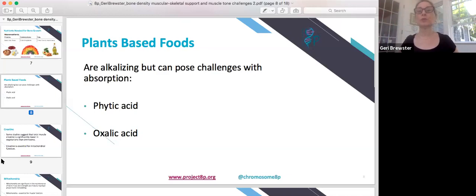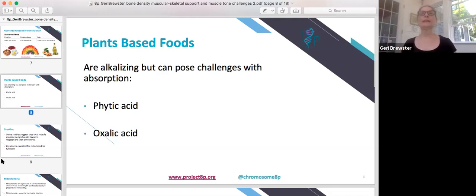So all those vegetables are more alkalizing, because all those deep green leafy vegetables are very high in calcium and magnesium, and both of those are very alkalizing, as well as some other components. But then it starts to get a little sticky, because when you're doing a full plant-based diet, plants are also rich sources of these two compounds, phytic acid and oxalic acid, otherwise known as phytates and oxalates, right?